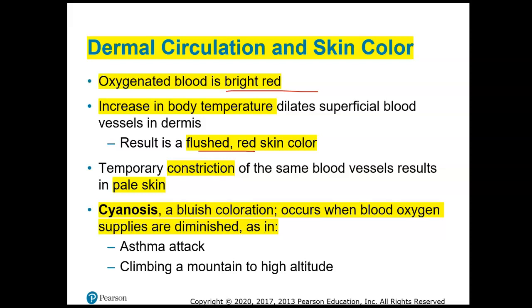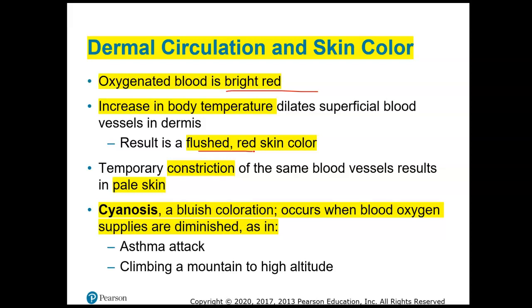Now, you may have heard of the condition called cyanosis. It's when the skin turns a bluish coloration. Particularly, you can see this in the extremities, like the fingertips and the tips of the toes and the lips. This will happen when blood oxygen supplies are diminished, and that doesn't mean the blood is blue.